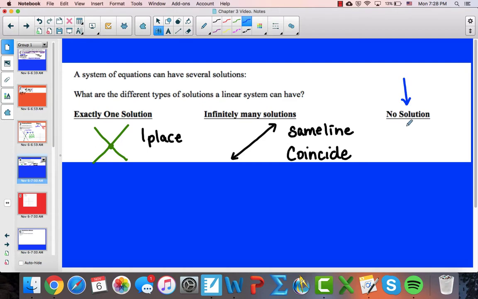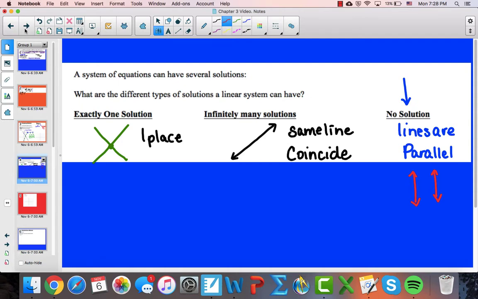If there's no solution to the system, that means the lines never intersect, which means that the lines are parallel. Remember from geometry, two lines that never intersect, as long as they're coplanar, are parallel lines. Okay, and if we're talking about the coordinate plane, they would be coplanar.